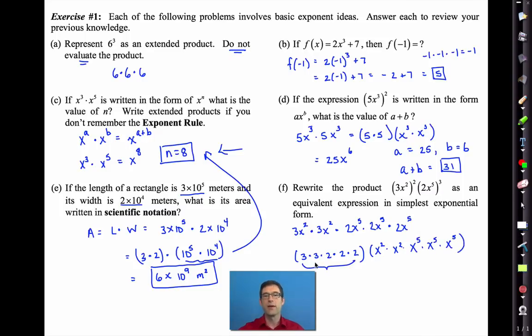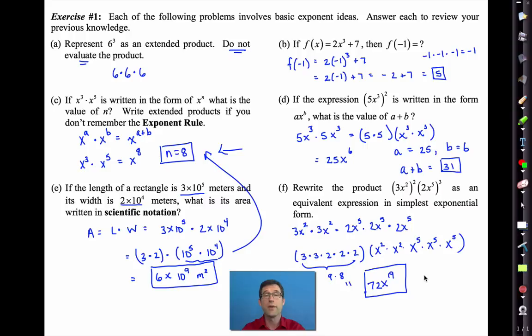All of this, 3 times 3 is 9, times 2 is 18, times 2, actually, maybe I'll just do 9 times 8. That'll be easier, right? 3 times 3 is 9, 2 times 2 times 2 is 8. So that'll be 72x, and now we can add 2, 2, 5, 5, 5. Those 5s all come out to 15, plus 4 is 19. 72x to the 19th.